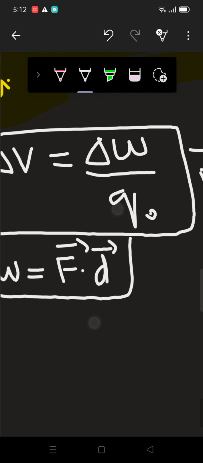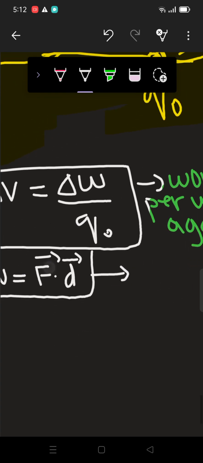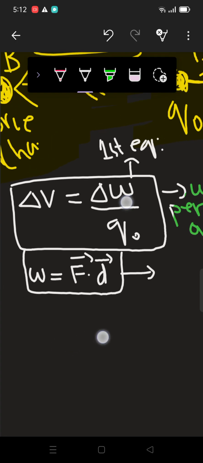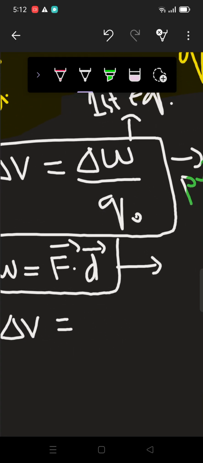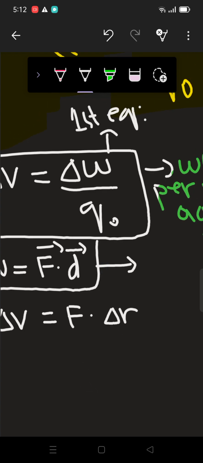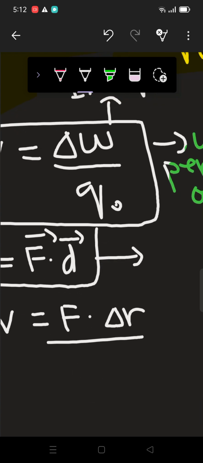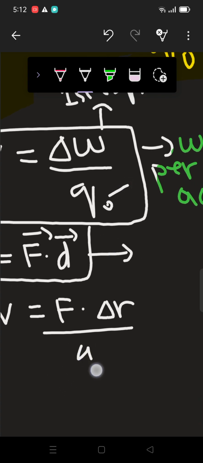Now substituting force dot d in this first equation, del V is equal to force dot small displacement, upon the test charge.